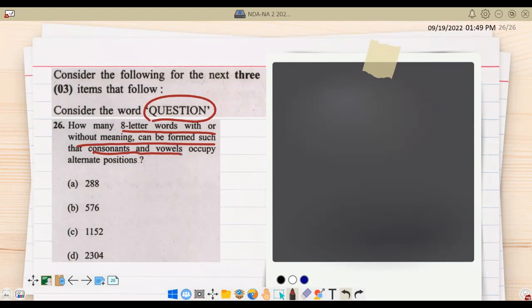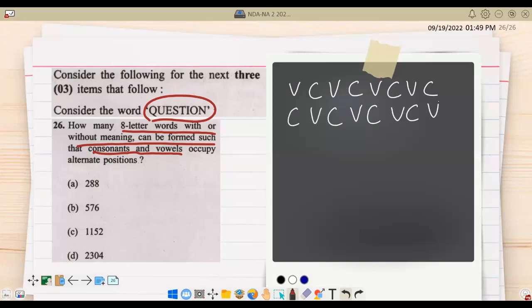We have vowel, consonant, vowel, consonant, vowel, consonant, vowel, consonant as one type, and then consonant, vowel, consonant, vowel, consonant, vowel, consonant, vowel. So like this, we'll have 2 variations. In these 2 variations, 4 places are occupied by vowels. So it is 4 factorial ways.